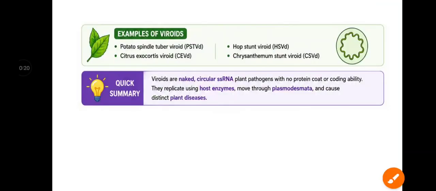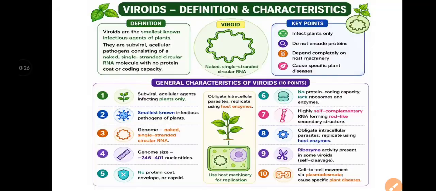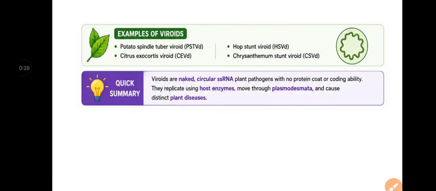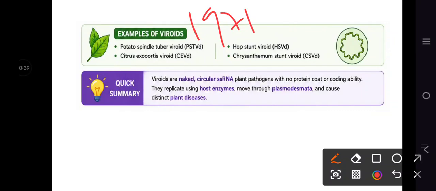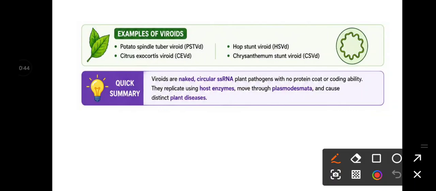Next, examples of important viroids. Potato spindle tuber viroid was the first viroid reported in plants, by T.O. Diener in 1971. Next, citrus exocortis viroid, hop stunt viroid, chrysanthemum stunt viroid.